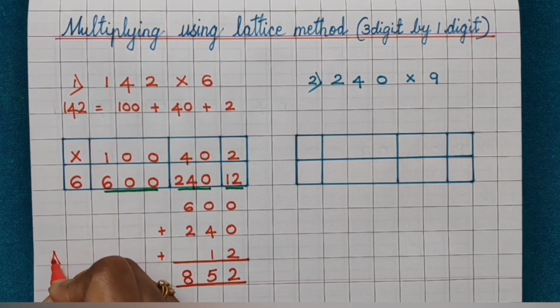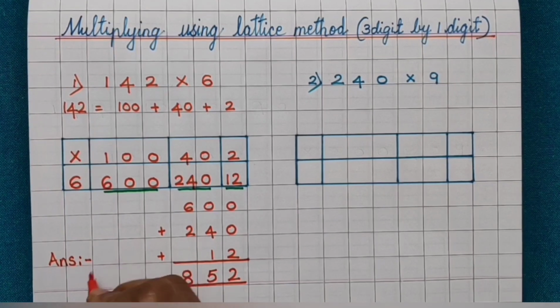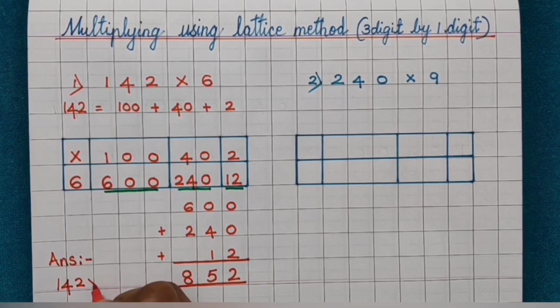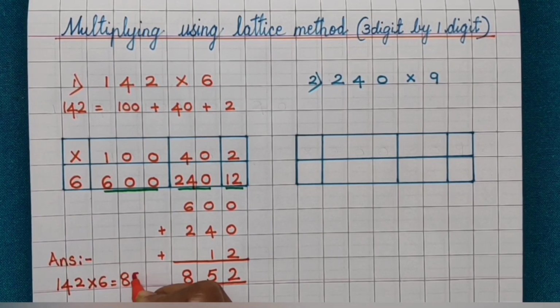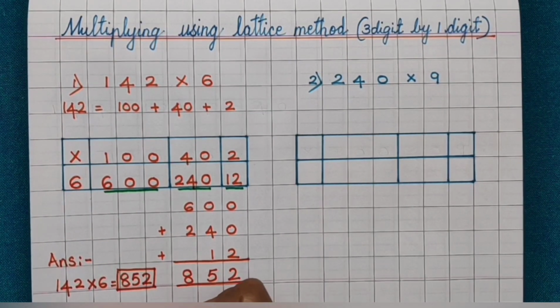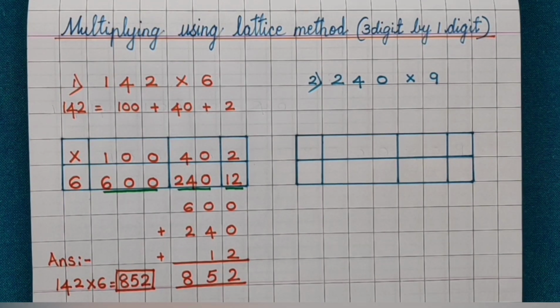Answer: 142 multiplied by 6 is equal to 852. The product is 852. Let's take the next number. It is 240 multiplied by 9.